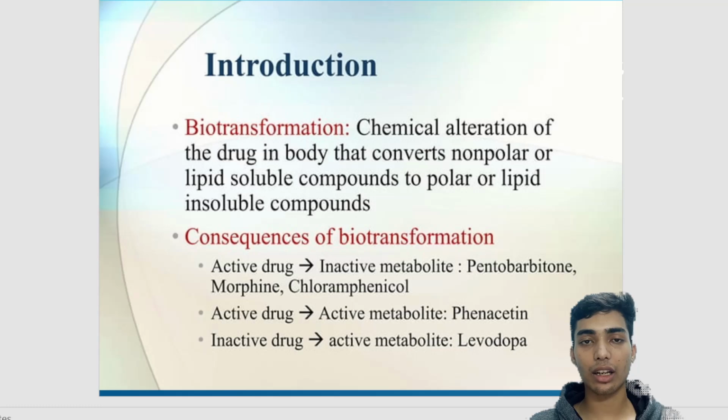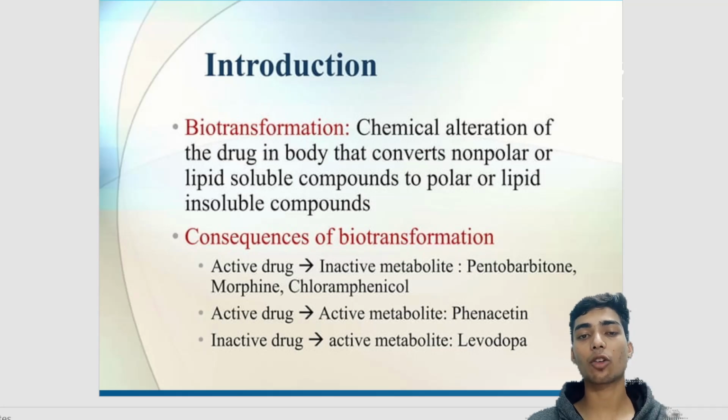The second outcome is formation of an active metabolite from an active drug. This happens in the case of morphine, which is an active metabolite of codeine. Third is activation of an inactive drug.